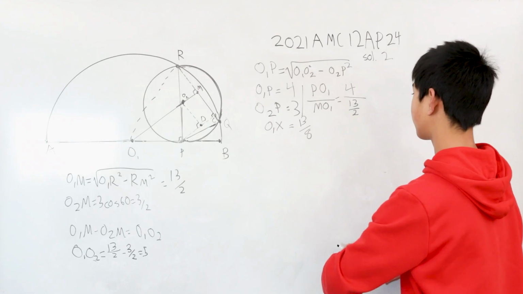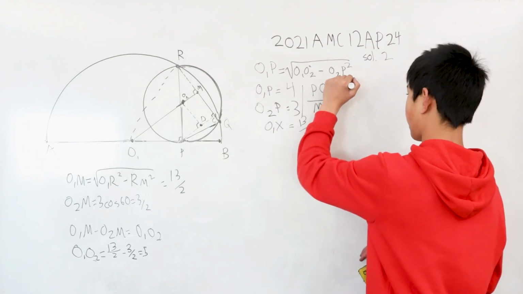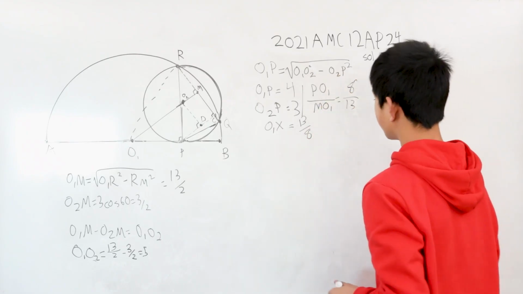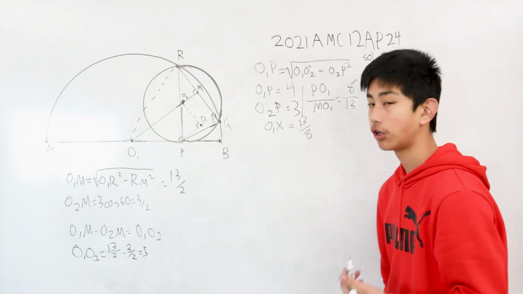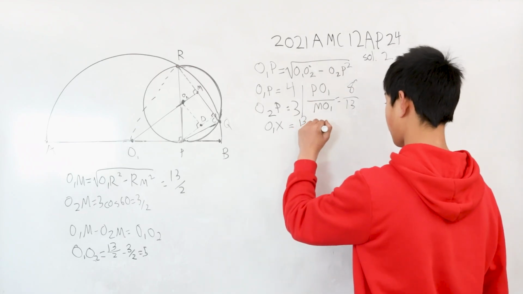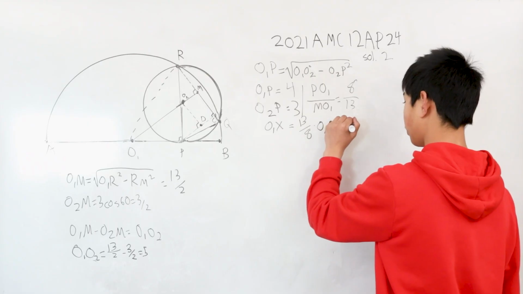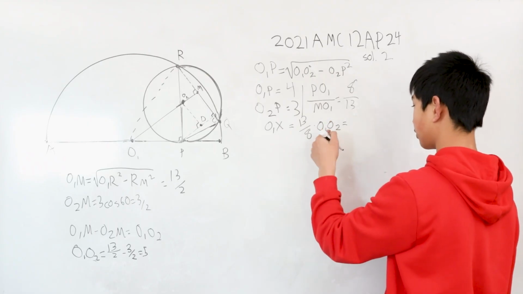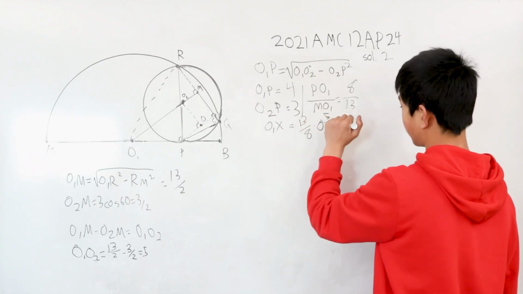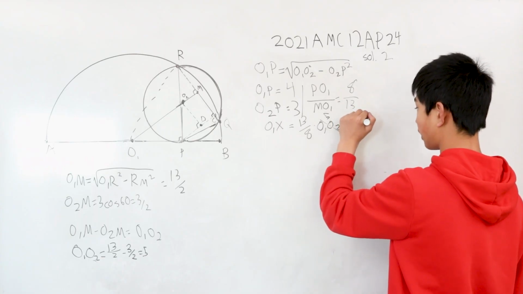So 4 over 13/2 is 8 over 13. So you take the reciprocal of that for O1x and then multiply it by O1O2, which we found was 5. So this is 5, and this results in 65 over 8.